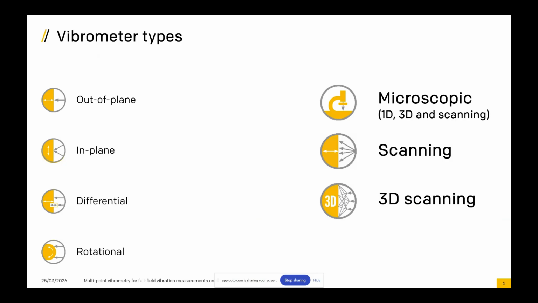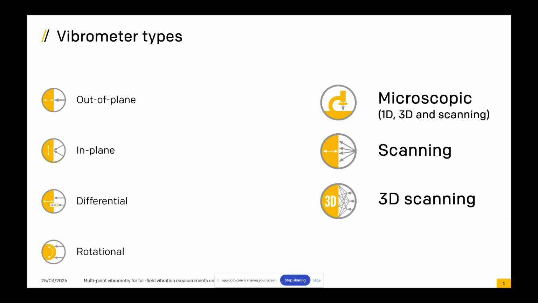So out of plane is just point a laser at an object and measure the out of plane vibration. In plane, we can measure the in plane vibration of an object using 2 heads. Differential, we can use subtraction of 2 lasers to get the differential between 2 surfaces.